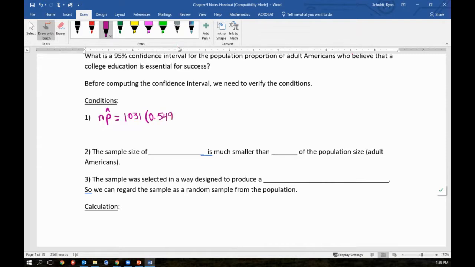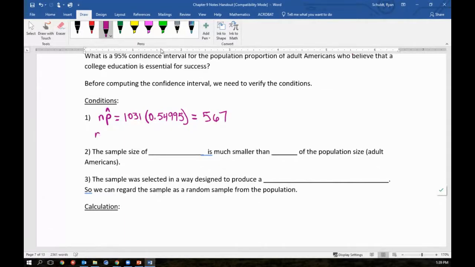So if I multiply those together, n times p hat, what do I get? Now let's just round to the nearest whole number on these. 567. Since we're in the thousands, I'm just rounding to the nearest whole number because our sample size is 1,000. So chances are we're going to be there. You just have to make it official. So 567.